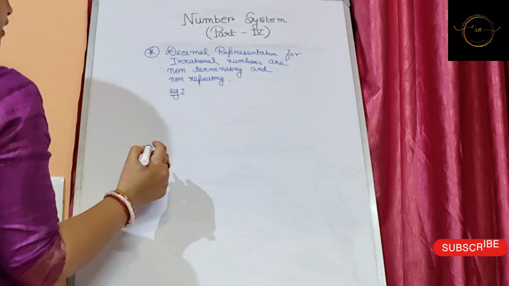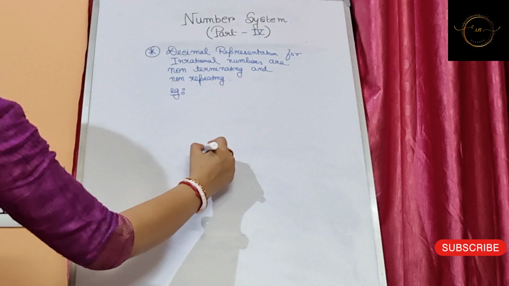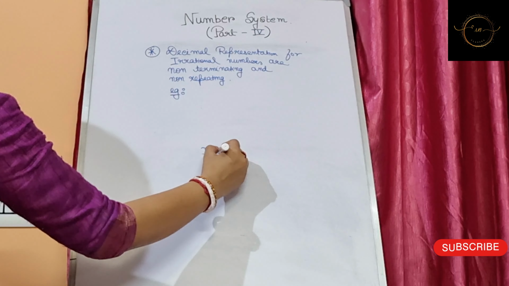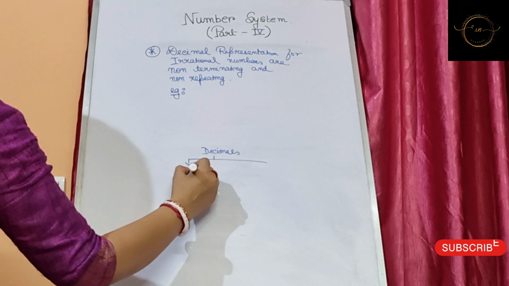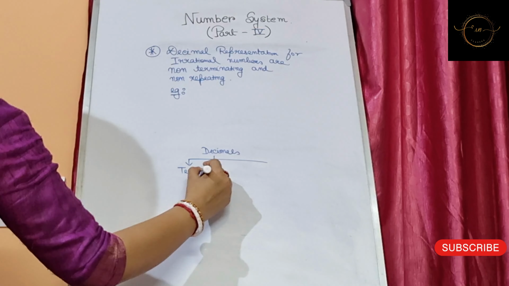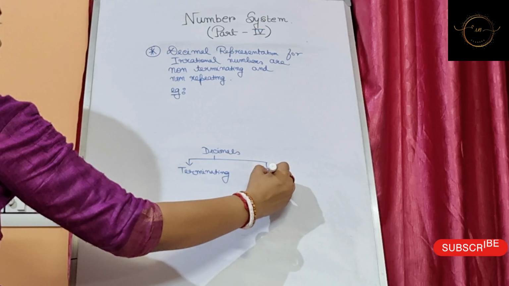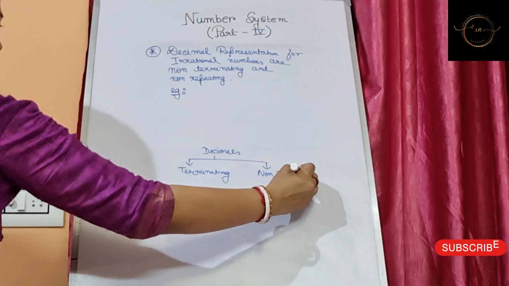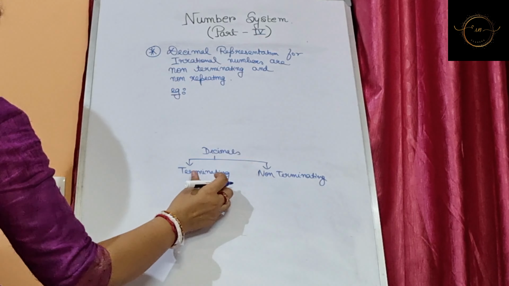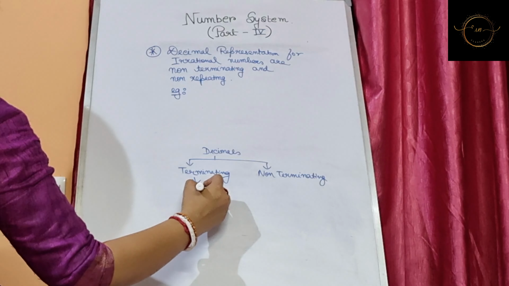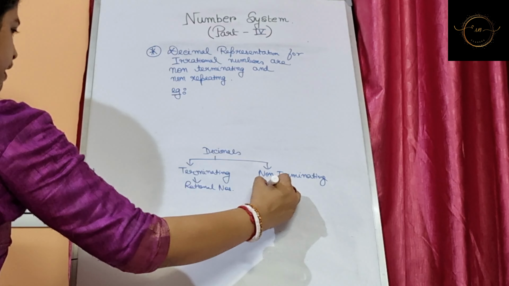Like for example, last day, if you remember, we gave a chart where I showed you that decimals are actually of two types. The first one is terminating, I'm writing in short, and this is non-terminating. This was rational numbers, and this was of two types.